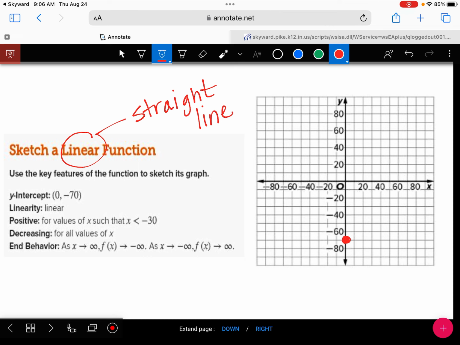Now it also gave us another clue. It says that for values of x greater than -30, so this tells us that I have an x-intercept at -30. Let's go ahead and put a point there.